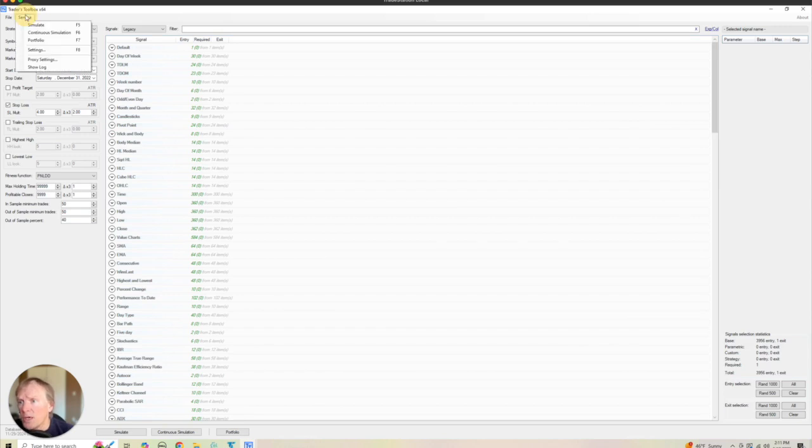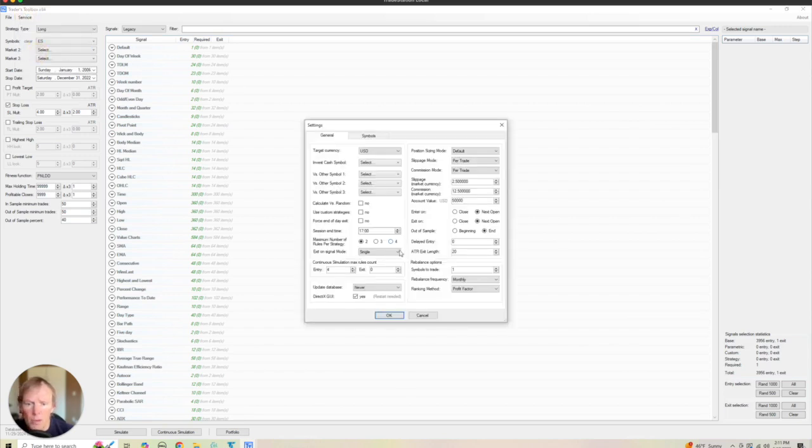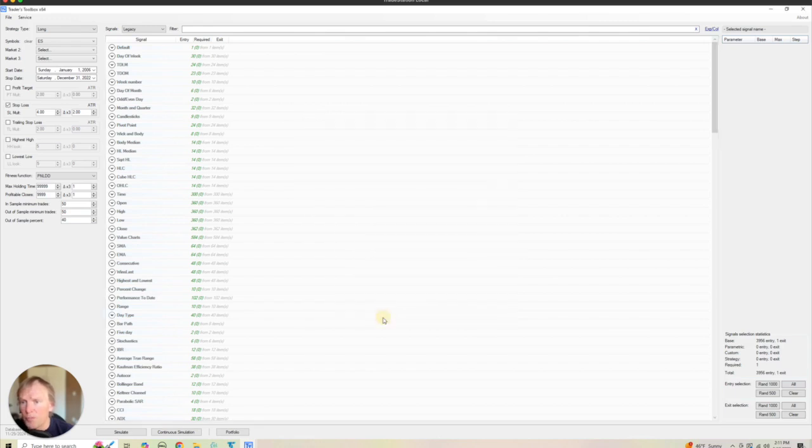Under the settings here, I told Build Alpha to look for only one filter. So we have our core idea: the two-period RSI must be below 30. And I told Build Alpha to look for one additional filter that will improve our performance. I also told it to apply various stops to see what works.